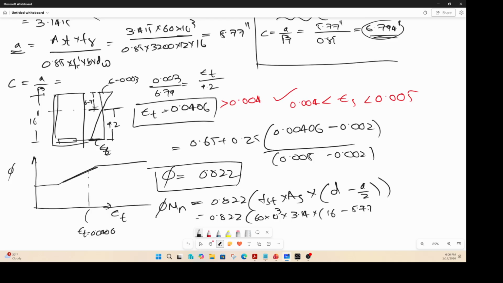So this is where people make a mistake. This is a, not the depth of neutral axis now, and that will be close to 169.35 kip feet. Okay, so we calculated our phi times Mn as 169.35 kip feet.